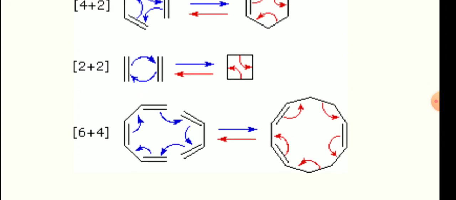Now another type of cycloaddition reaction is 2 plus 2, but in this case the product, the cyclobutane, is not so stable, so it is not favorable. So here the chance of the opposite reaction, that is breaking of the cyclobutane to ethene, is very high.